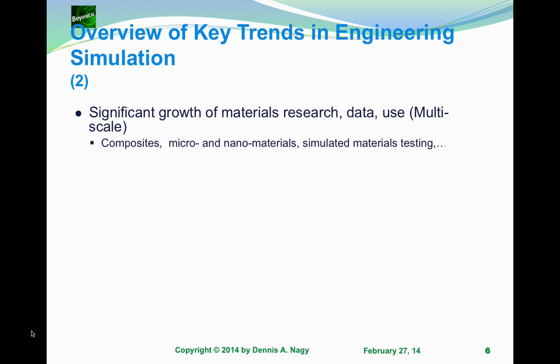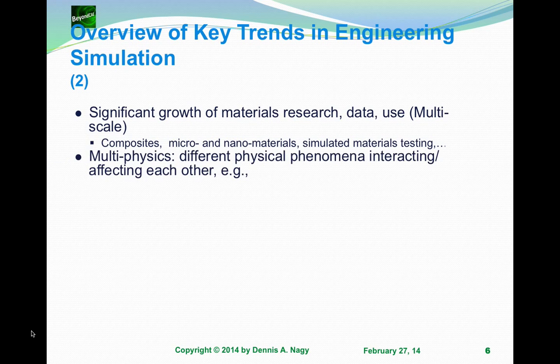Then there's multi-physics, which is different physical phenomena that interact and affect each other. And that's always the case in reality, but it's been possible for the sake of getting any kind of an answer to separate those different physics phenomena and look at one or the other, whichever happens to be more important in a particular product design. But structural and thermal have been done together for quite a while now.